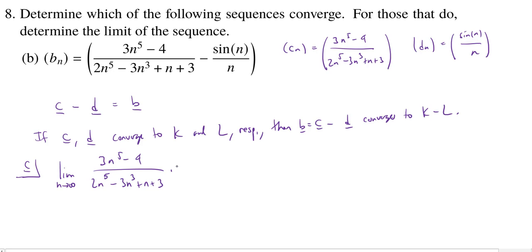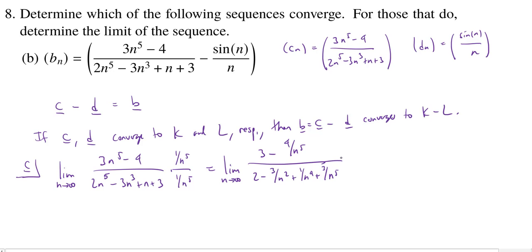We can show this directly by multiplying the top and the bottom by 1 over n to the fifth. So now we have the limit as n goes to infinity of, on top, 3 minus 4 over n to the fifth, and on the bottom, 2 minus 3 over n squared plus 1 over n to the fourth plus 3 over n to the fifth.